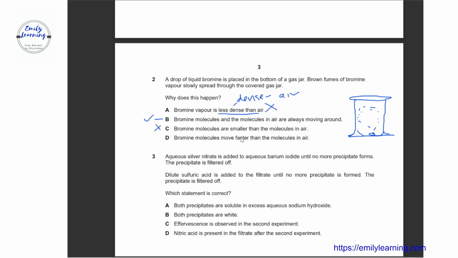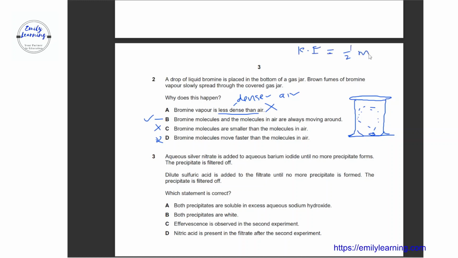Okay, bromine molecules move faster than the molecules in air. This is also incorrect. Generally, the bigger the molecule, the slower they move. There is something known as kinetic energy, which if you take physics, you learn.